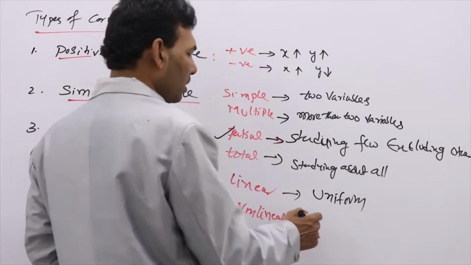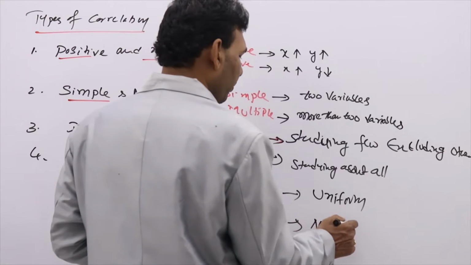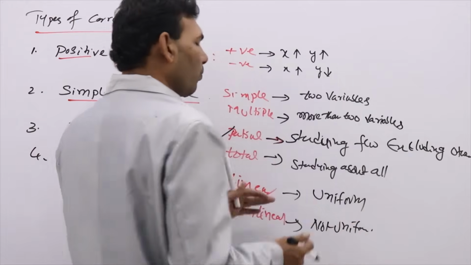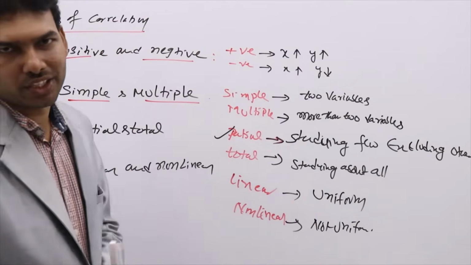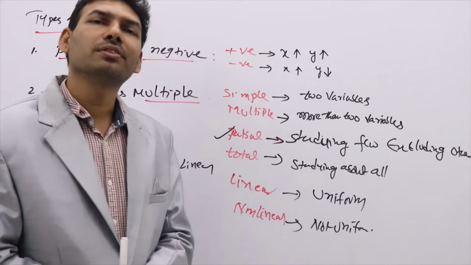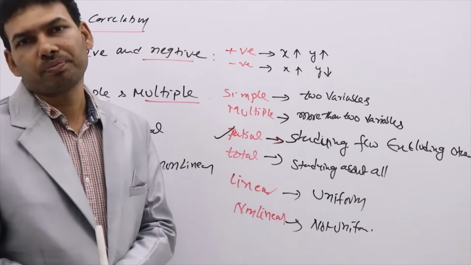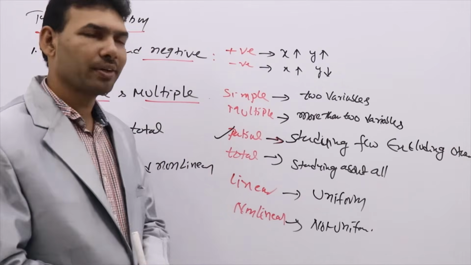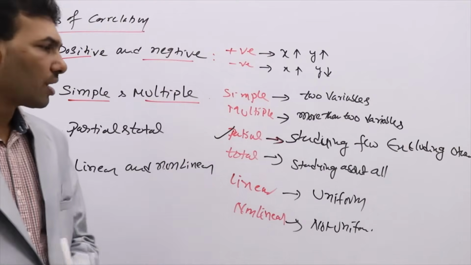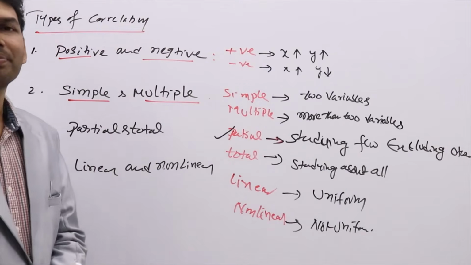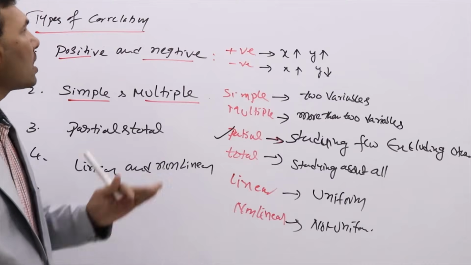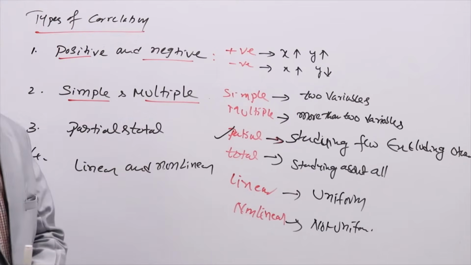If it is not in a uniform way, if one variable varies in one direction but not in the same direction, not in a unique way, then we say that correlation is non-linear correlation. Next we will discuss how to study the correlation.